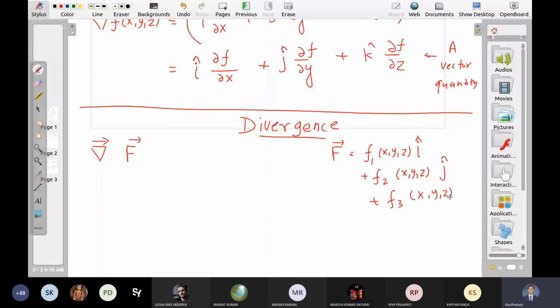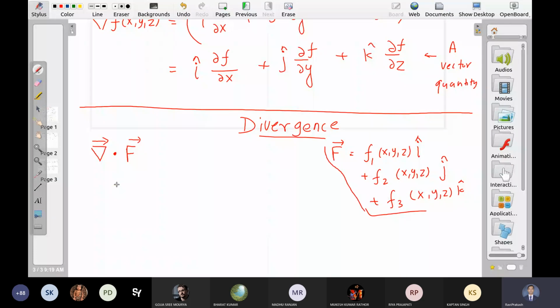Now, what is the meaning of multiplication of two vector quantities? How do we multiply two vector quantities? Sir, multiplication of their individual components. That is called the dot product, right? Yes, sir. So divergence is actually defined in the same style. There has to be a dot. And the output that you will get now is a scalar quantity.